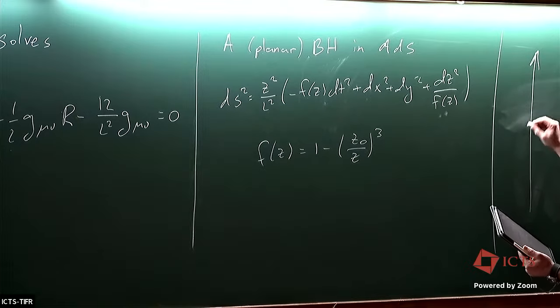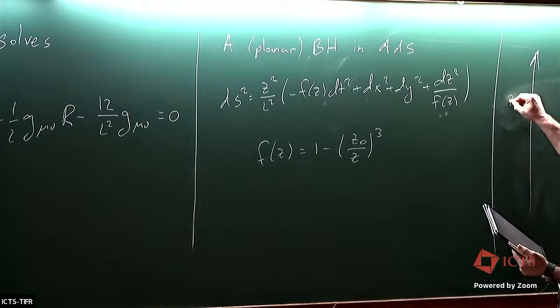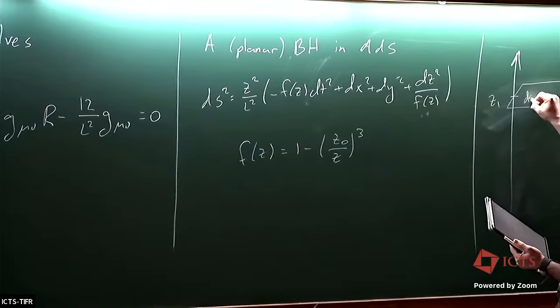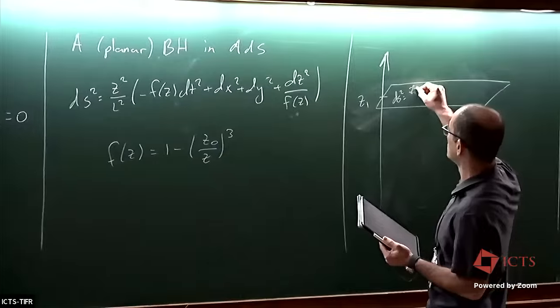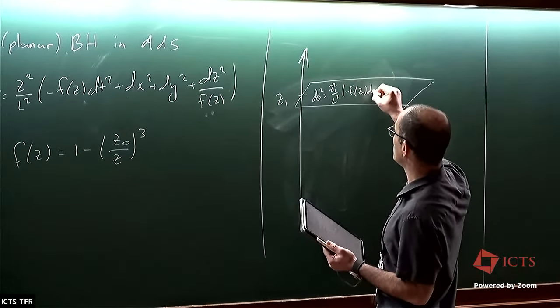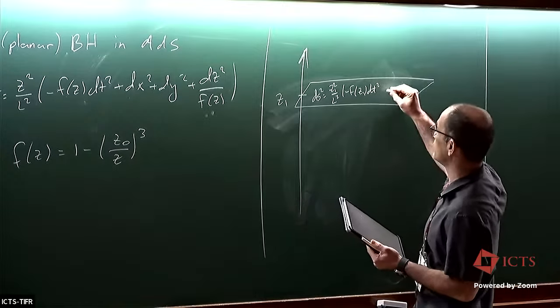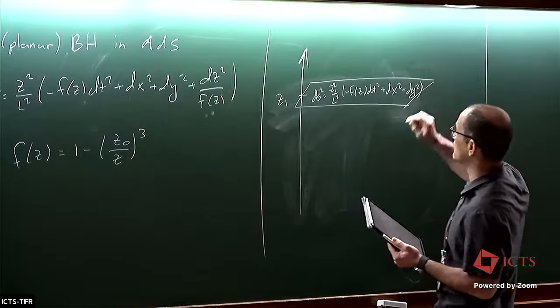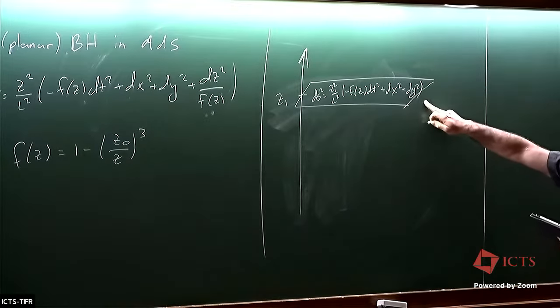If I have some value of z equals z1, which is big enough, then on this slice we're again going to see just flat space time, maybe in some stretched coordinate system.